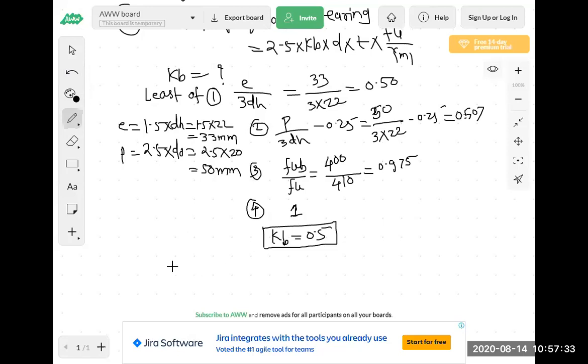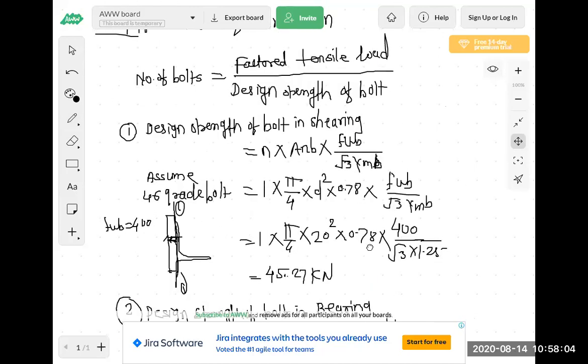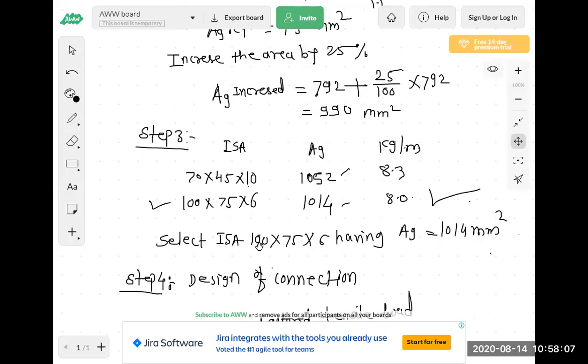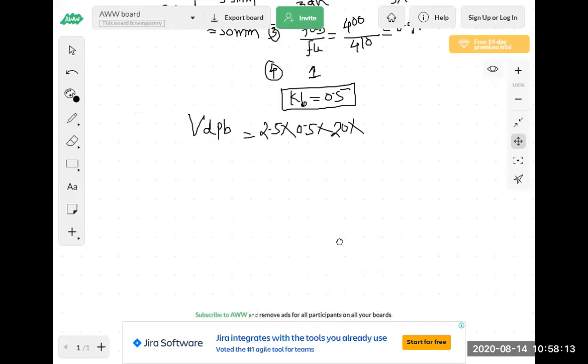Now calculate this VDPB. We are calling this VDPB. 2.5 into kb, 0.5, into d. d is the diameter of the bolt, 20 mm, into the thickness of angle. This t is nothing but the thickness of angle. Which angle have we selected here? We selected the angle 100 by 75 by 6. So 6 mm is the thickness of the angle.